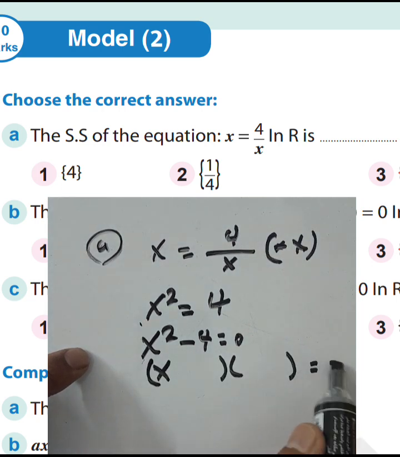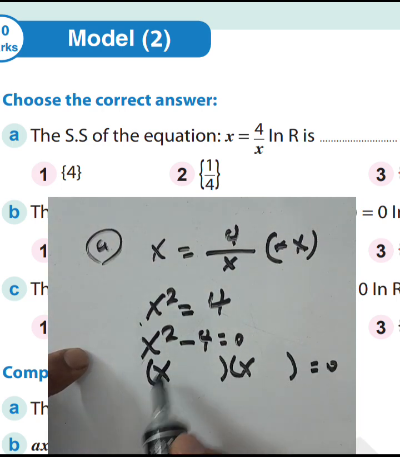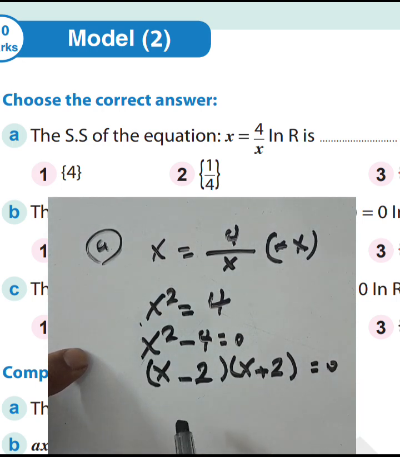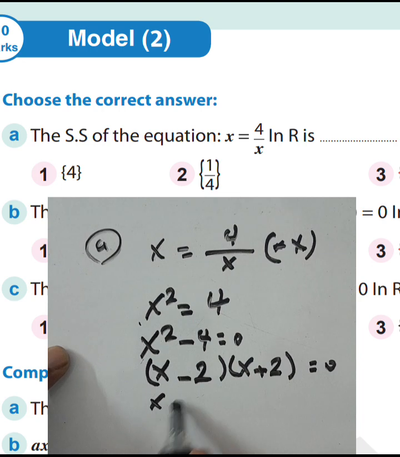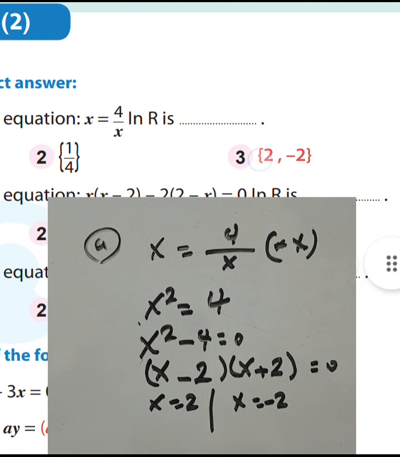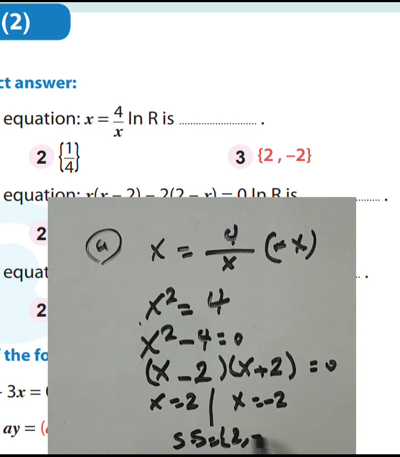Then we can factorize it, x power 2 is x times x, and 4 equals 2 product by 2, write negative and positive. And then the value of x here equals 2, and the value of x here equals negative 2. The solution set will be 2 and negative 2.